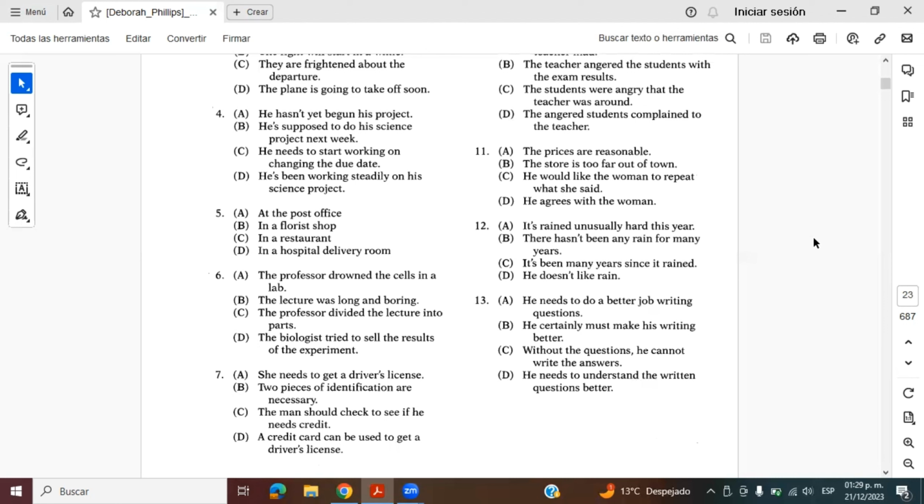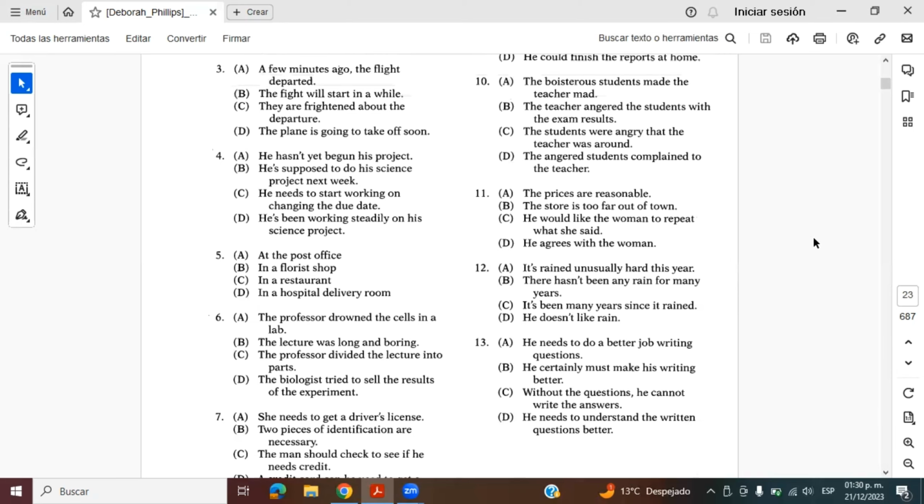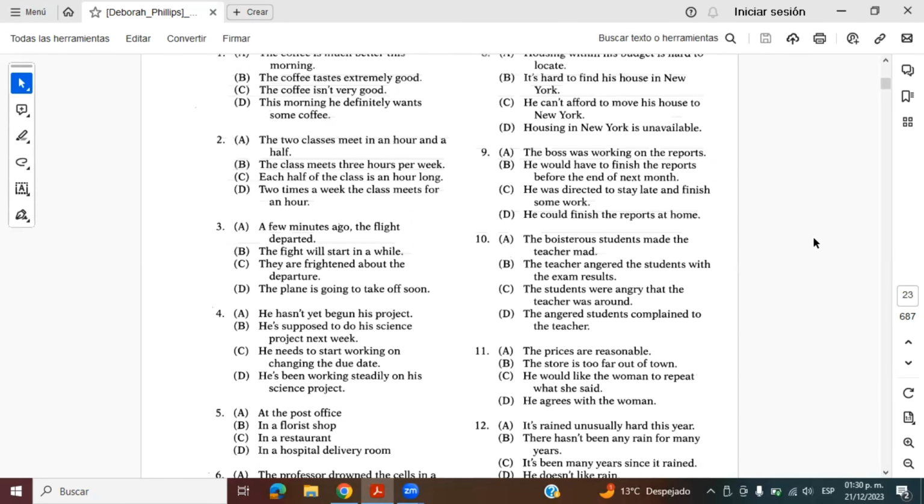Number 7. What do I need to cash a check? I have to see a driver's license and a credit card. What does the woman mean? Number 8. Have you been able to find an apartment yet?